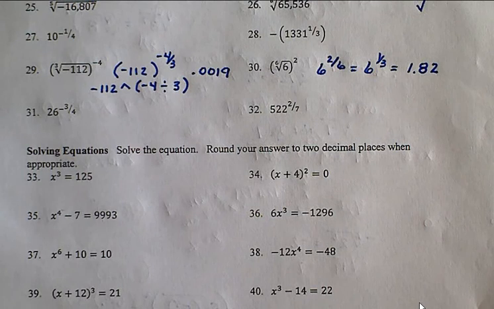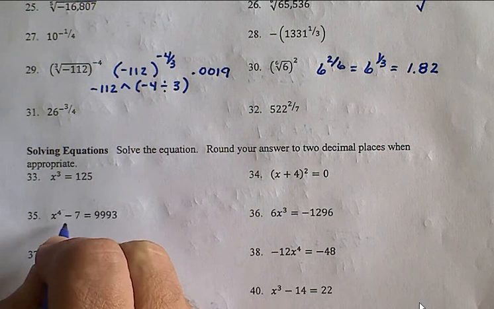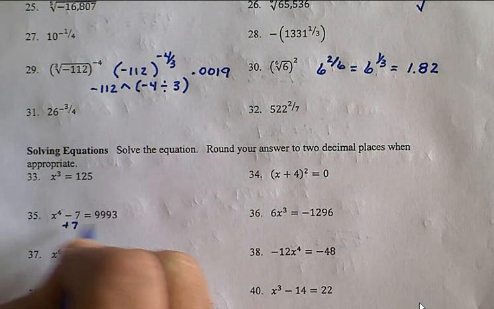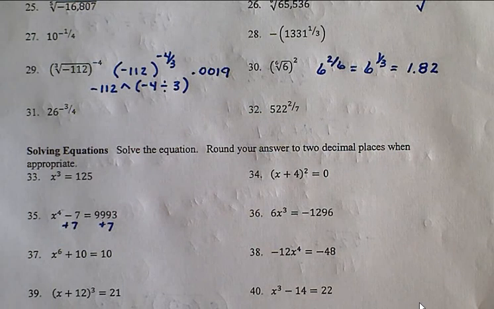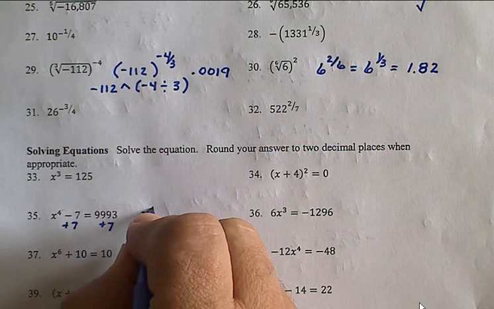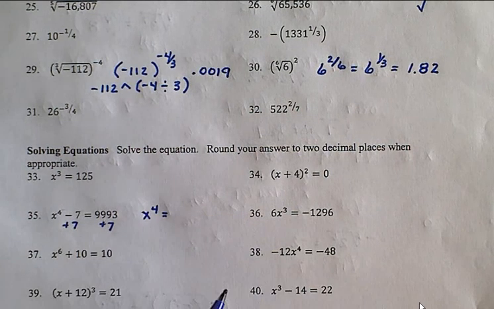So, for example, on 35, the first thing I'm going to do there is add the 7 over. That gives me x to the 4th equals 10,000.